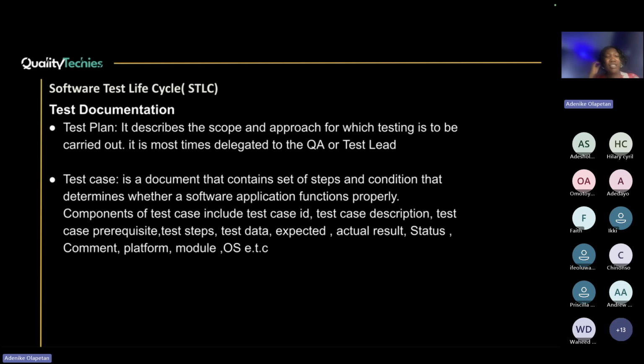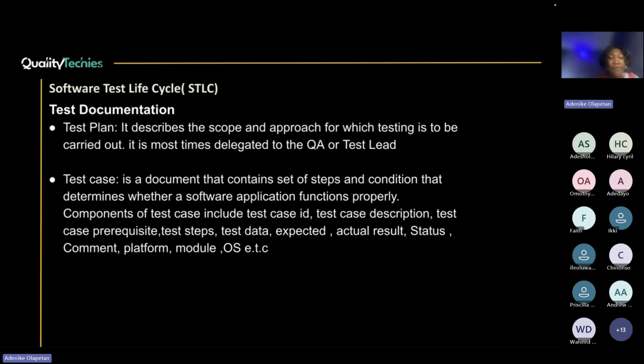So most times it's actually delegated to the QA resource to create a test plan before starting the test. However, that is still achievable in a small or a startup company where they are managing only one product or few products. So in that light, the QA lead will be able to create test plan for each of the products that are being managed by the organization.